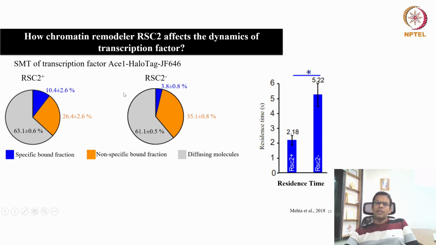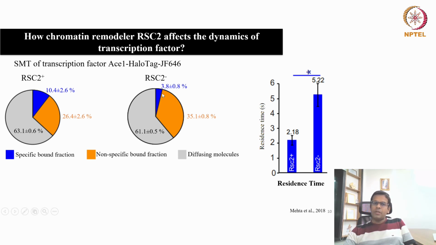That means this chromatin remodeler is important for the recruitment of these transcription factors at the gene promoters. Here we have tracked this transcription factor specifically at the gene promoter. In its absence, the fraction of specifically bound molecules reduces.